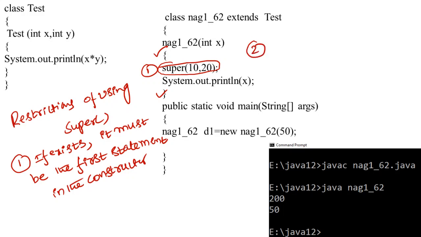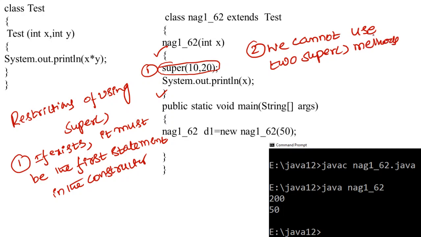My second point is we cannot use two super methods within the same constructor. What is the reason? Why can we not use them?